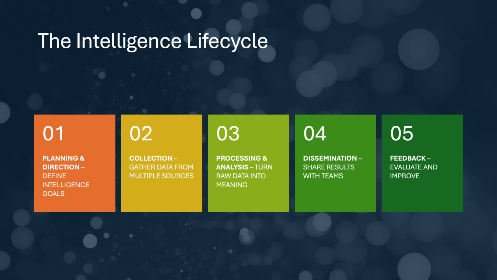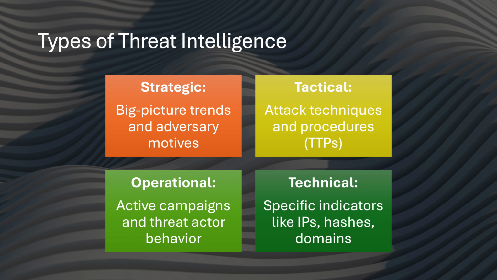Then, dissemination. That's where the insights are shared with the right teams, whether that's the SOC, management, or external partners. And finally, feedback. Learning from what worked, improving what didn't, and refining your intelligence process over time. This cycle never really ends. It's a constant loop of learning, adapting, and improving your defensive posture.